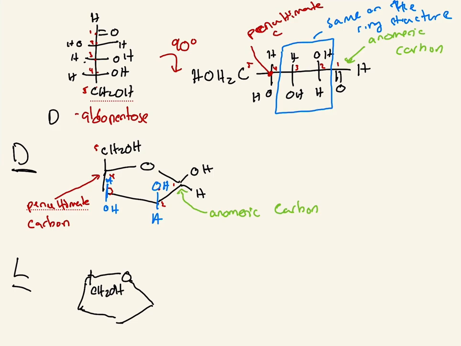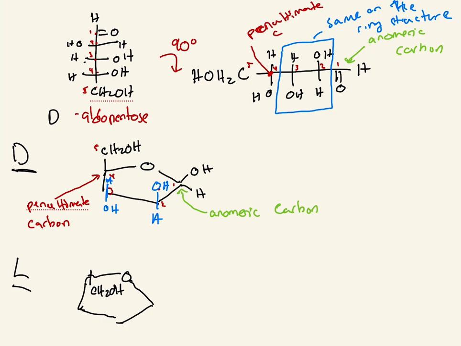If we have a ketohexose, what do you guys think will change here, if you had to guess? All right, so this is an aldose, right? The anomeric carbon, we have what other group bonded to it? We have this, and then what else? Hydrogen, right?